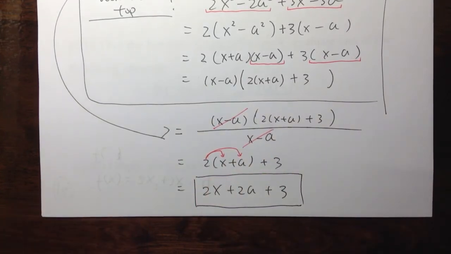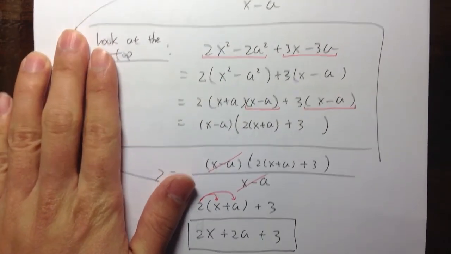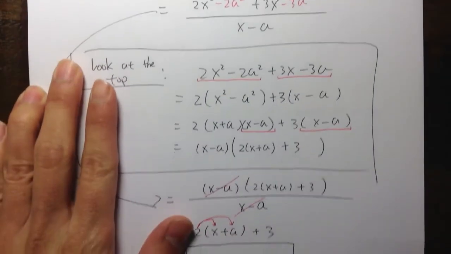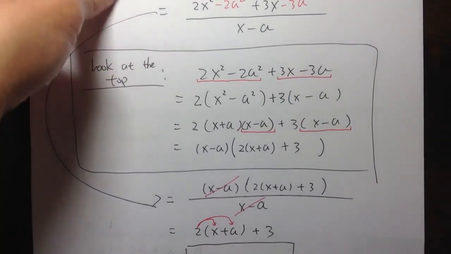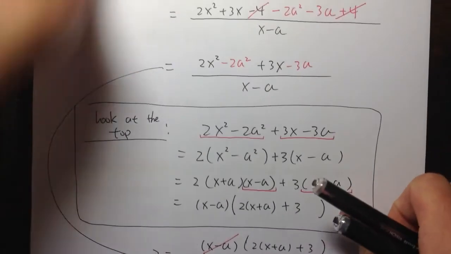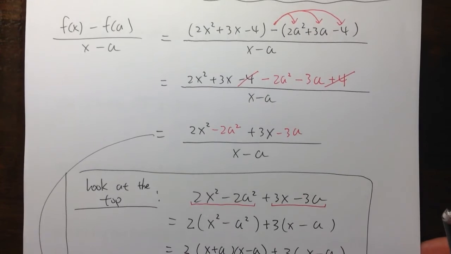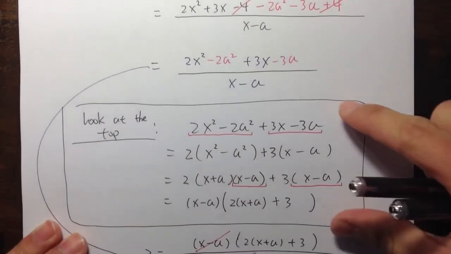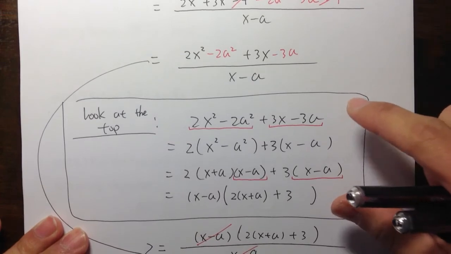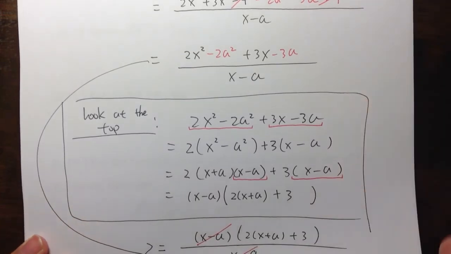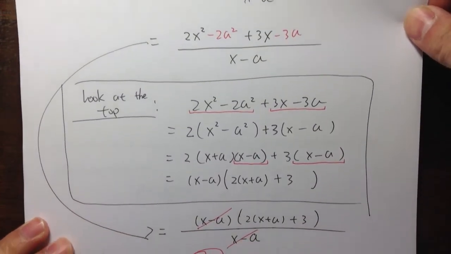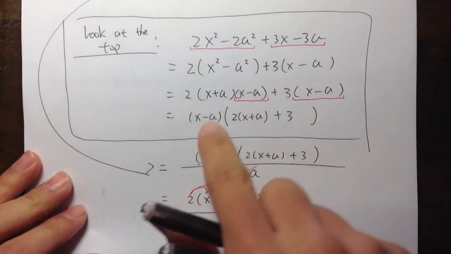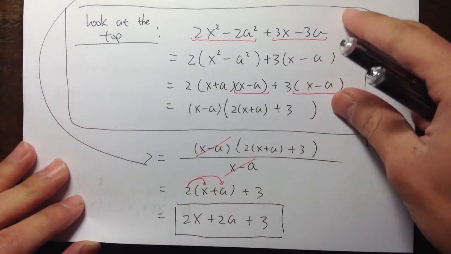Okay, and as you can see, if you do it this way versus, let me show that, if you do it with this formula, the difficult part is the middle right here. Try to figure out how to factor the numerator, and then factor it in a way that you can cancel with the denominator. That's the hard part.